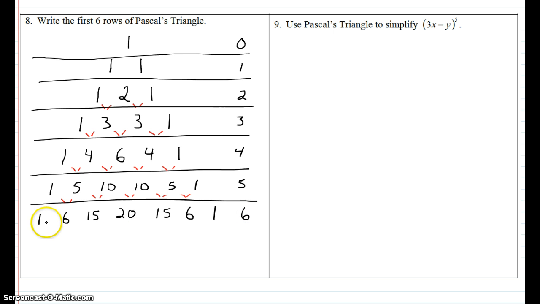And so these are the coefficients I would use with a 6th degree. And so we'll look at number 9 and see how we use this row here to expand that binomial.